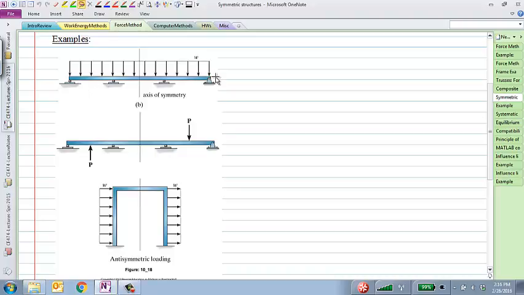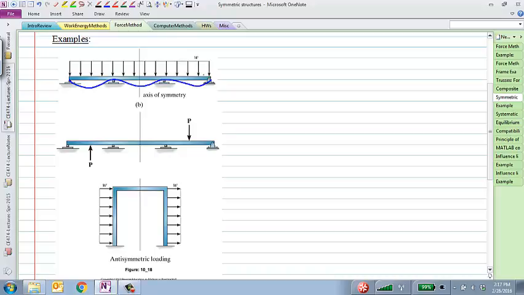So for this structure, clearly this is a symmetric structure, right? I have an axis of symmetry, and the loading, the structure, and the boundary conditions, everything is symmetric. So if I were to draw the deflected shape here, it would be something like that, right?